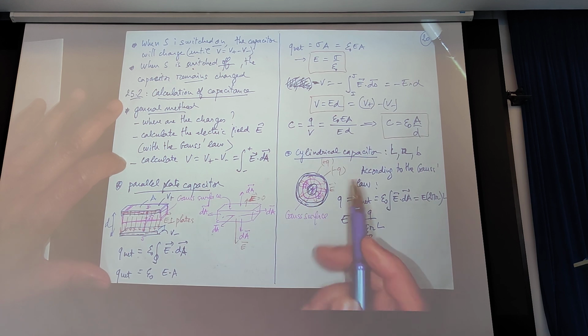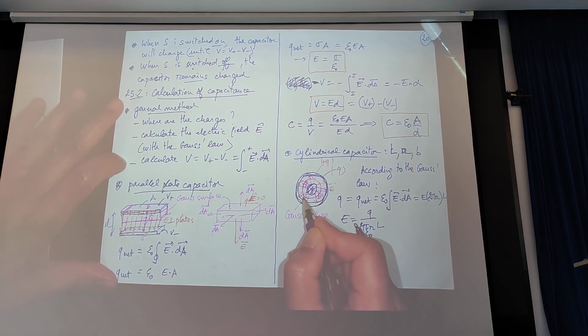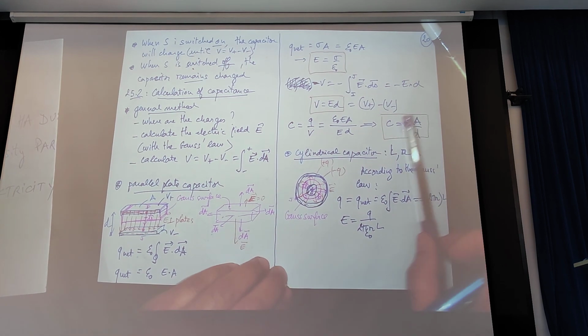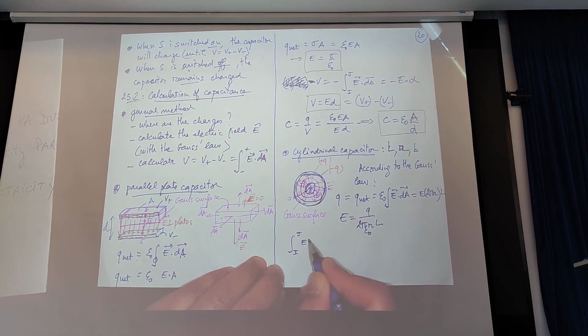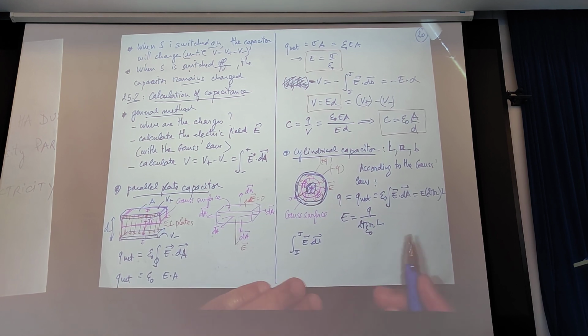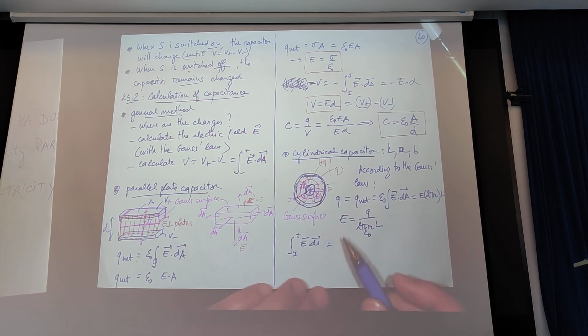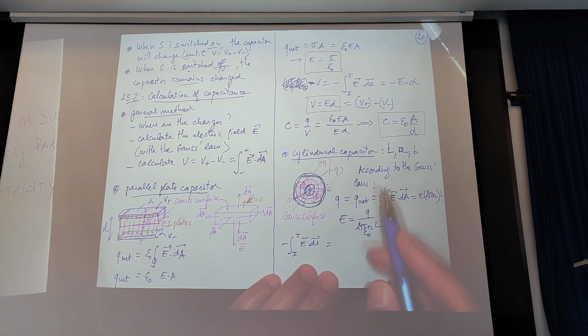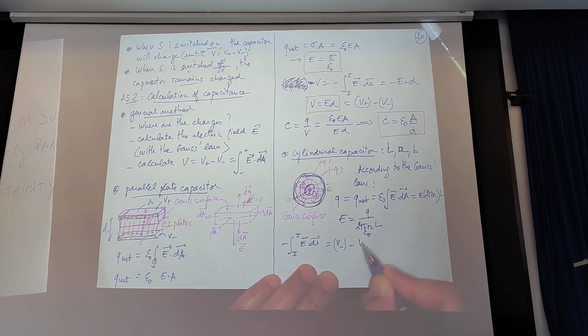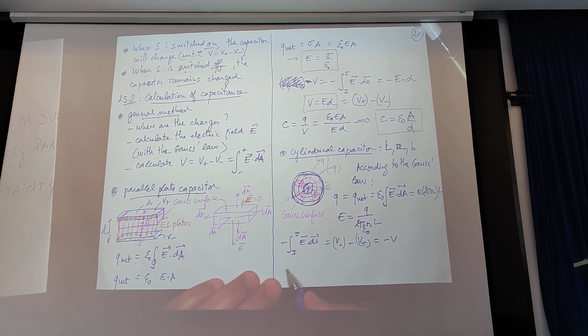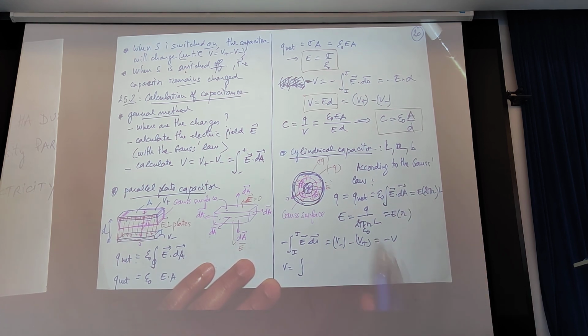So if we are going from here to here, the integral of E scalar ds equal V_a minus V_b. So V_a minus V_b is equal to, so this is minus V. Okay, so you can see that the field E is depending on the position inside the cylinder.